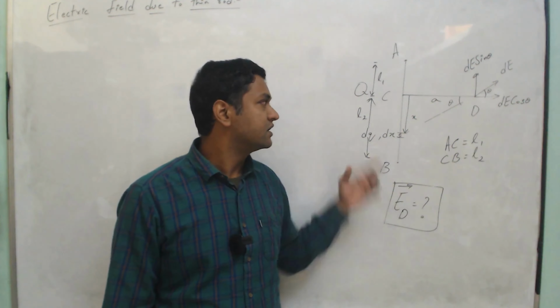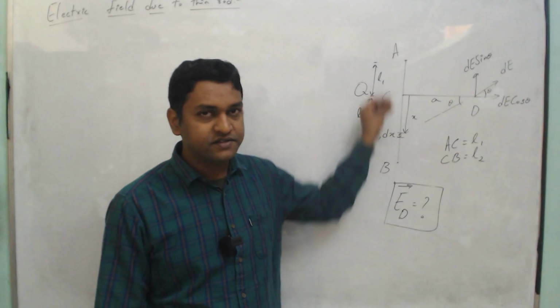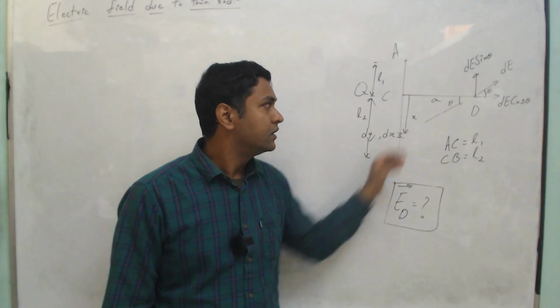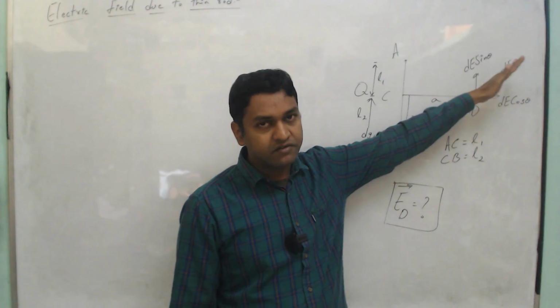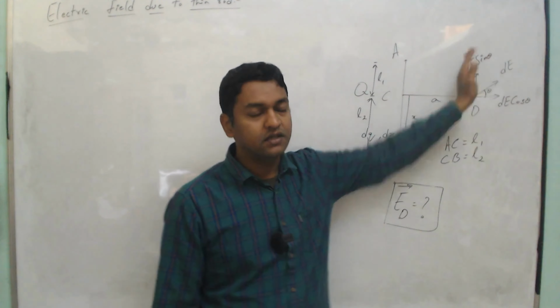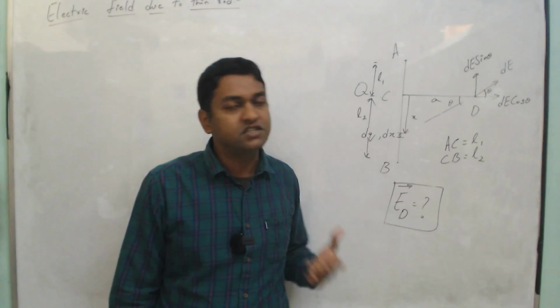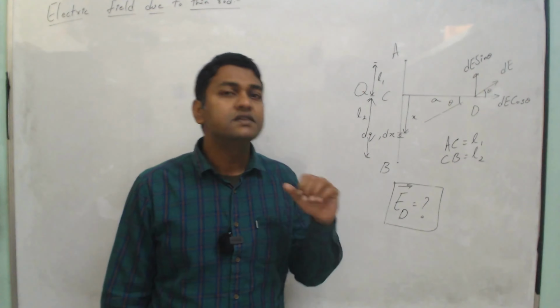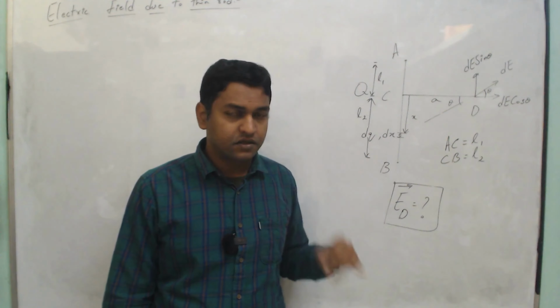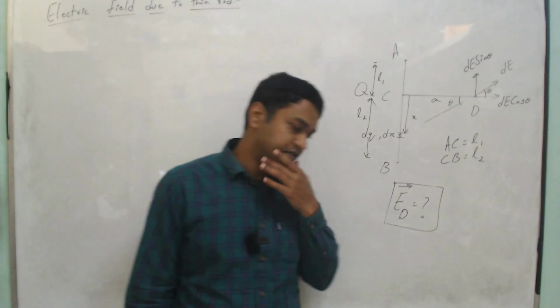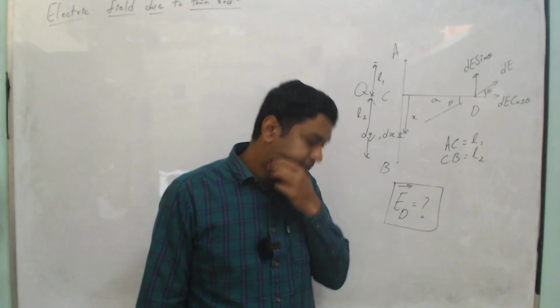As the element varies along this rod, the direction of the electric field dE is going to vary. And we cannot integrate a vector whose direction is changing, because integration is scalar addition. Is this clear?